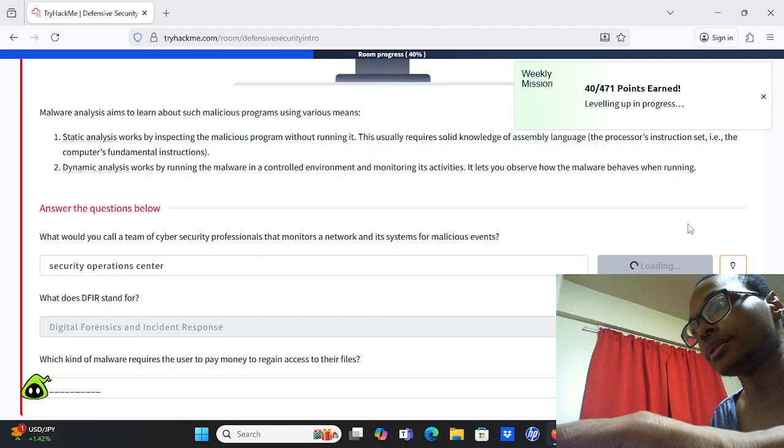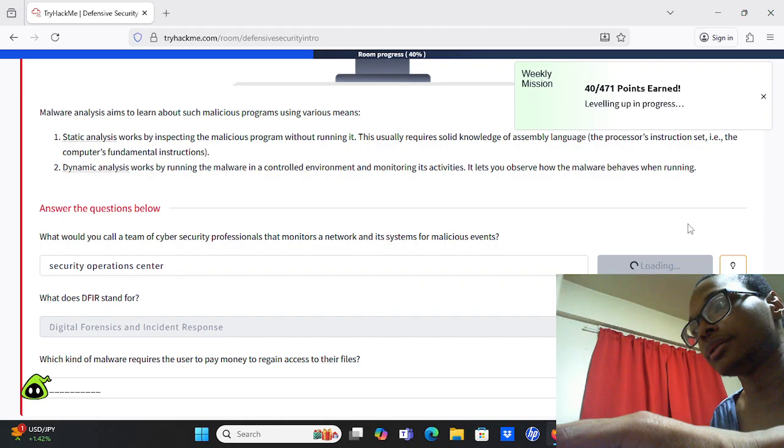It can't be this. So it's a malware. Ransomware? Let's try ransomware. We're just trying different things. Well, it could be it, but let's see. Oh, it is it.